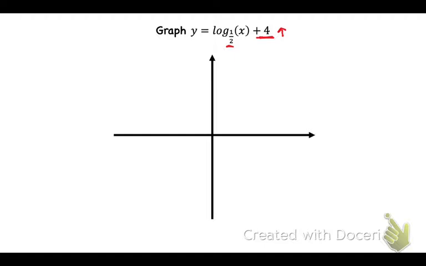Okay, so my x-intercept, my anchor point I had was 1, 0, right? Yep. And if it's going to go up, does that affect the x or the y? The y. So it's going up 4, so I add what? 4. So 1, 0 is going to go to what? 1, 4.